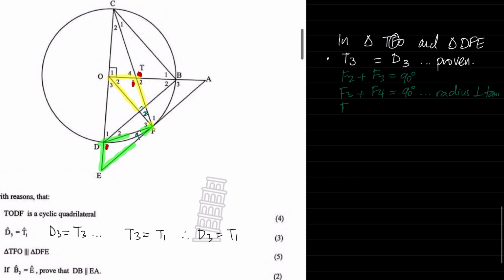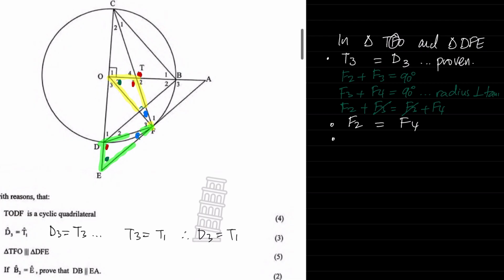That means that F2 plus F3 is equal to F3 plus F4. So F3 can cancel. That means my next statement is going to state that F2 is equal to F4. Now we can then show the last point. So let's just color that in and color that in, so we know that those are equal. And then that would mean that E here would equal O here.